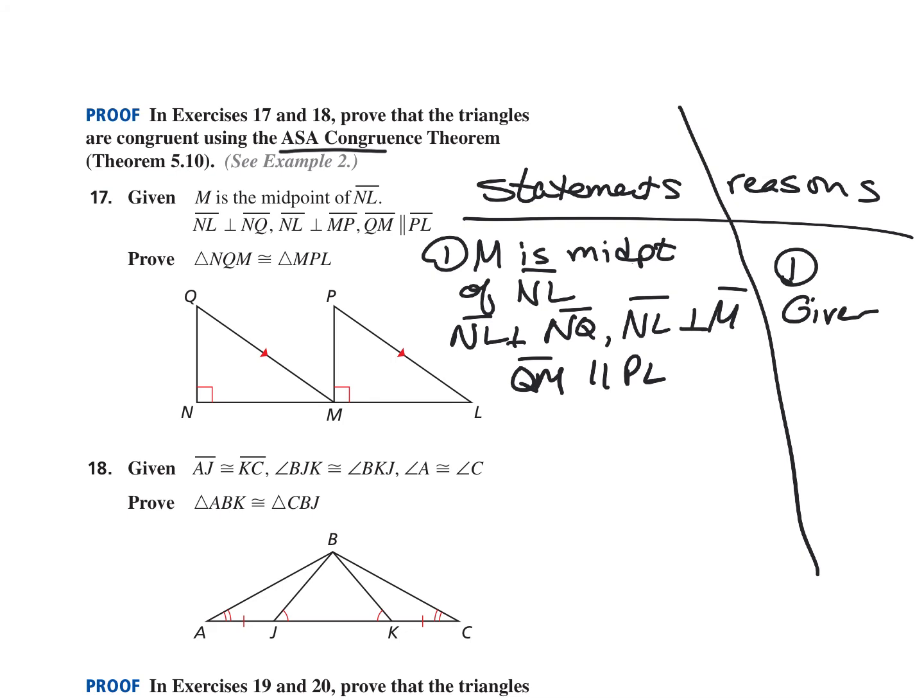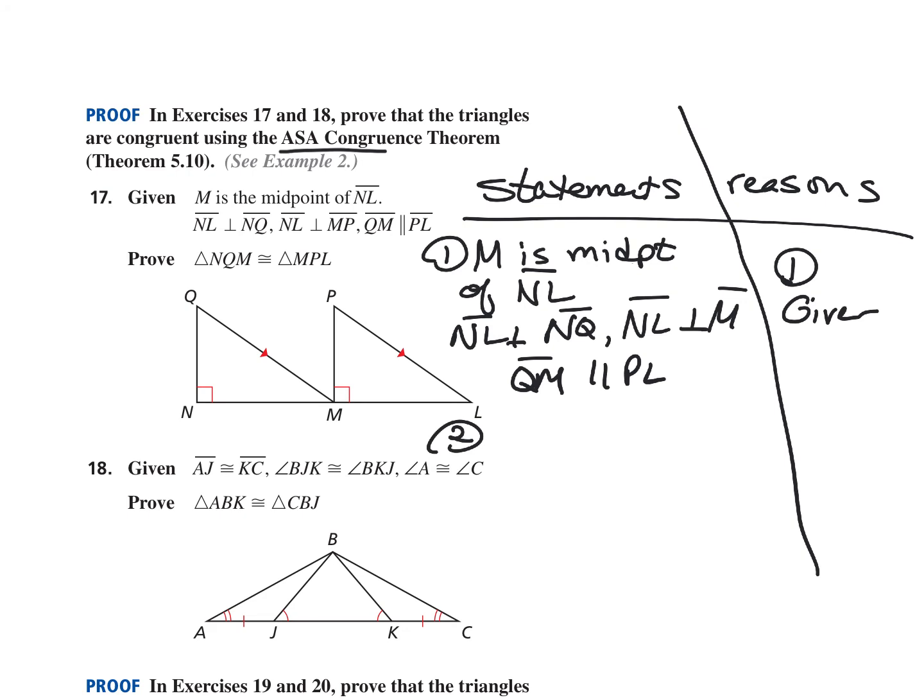Okay, so for now, what I need to do is somehow find enough information to prove that these 2 triangles are congruent. And here, it was a hint. They said to use angle side angle. So just by drawing in the little square that shows that angle N and M are right angles, I actually have to name it and show that they're congruent.